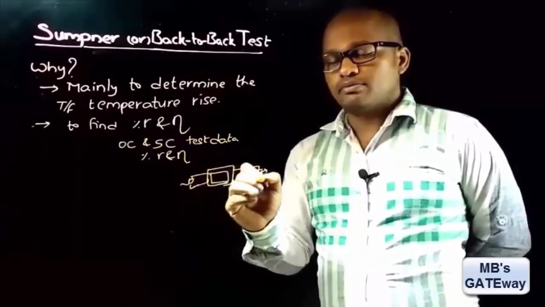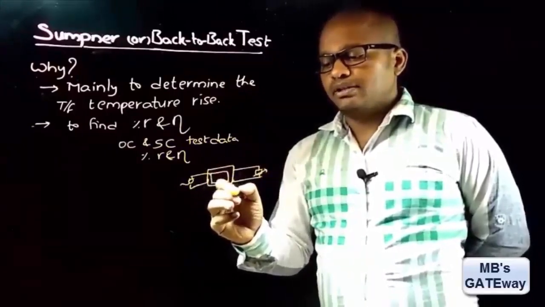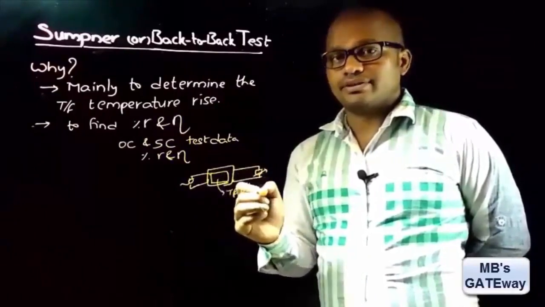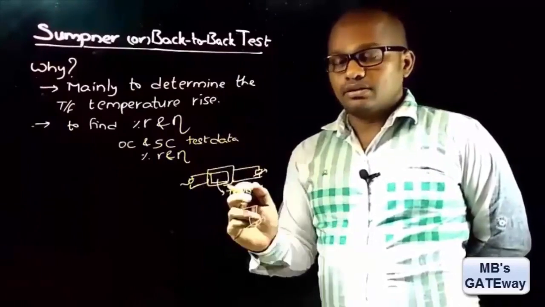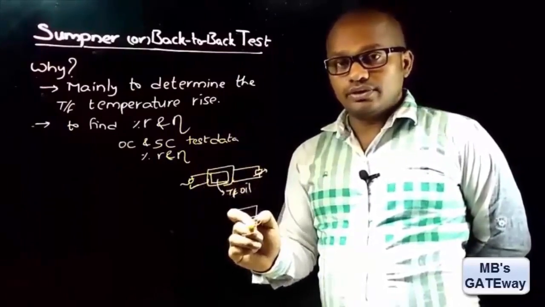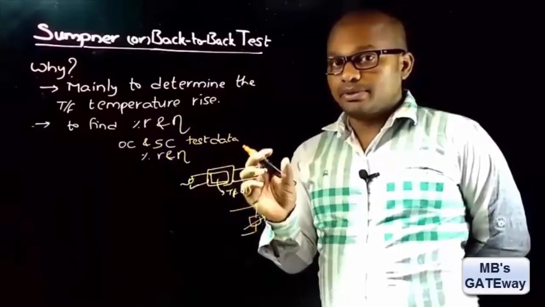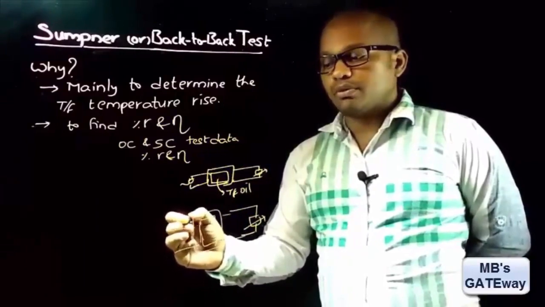And by loading this small size transformer for a particular period of time, by collecting the transformer oil, you can check the temperature rise. But to check the temperature rise of large size transformers, you need to connect the huge load on the large size transformer and you must load it for a particular period of time. That is, large size transformer will consume more input power.